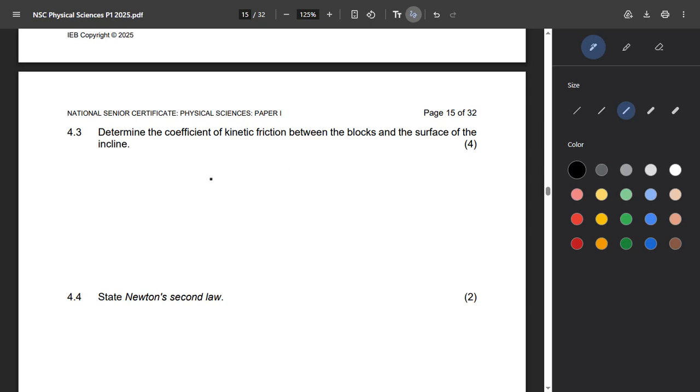Remember, kinetic friction has the following formula: Fk equals μk, which is the coefficient, times the normal force, which is Fn. I'm looking for the coefficient. So you just have to indicate which block you are working on.